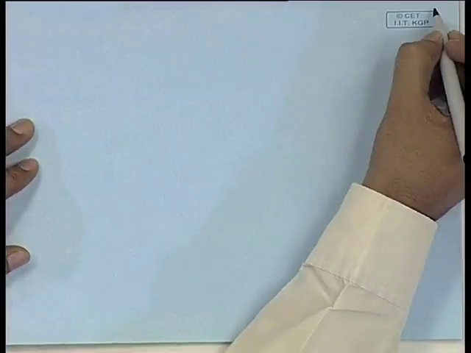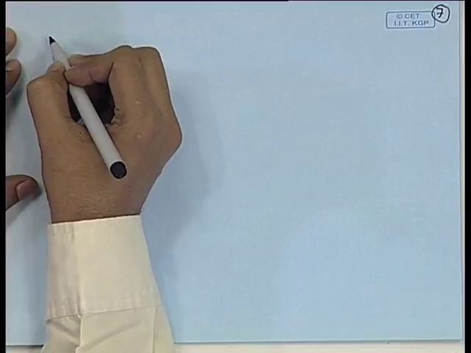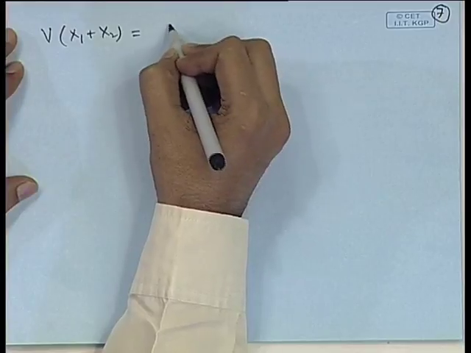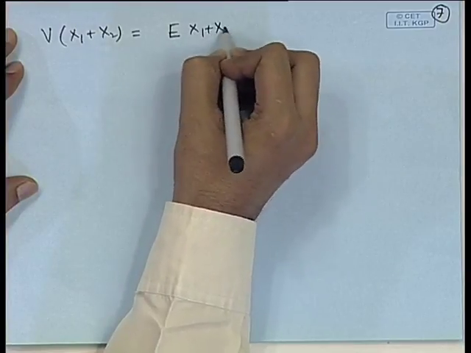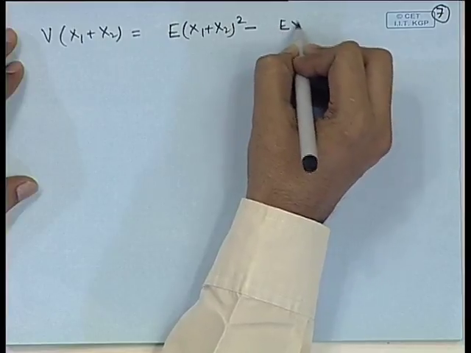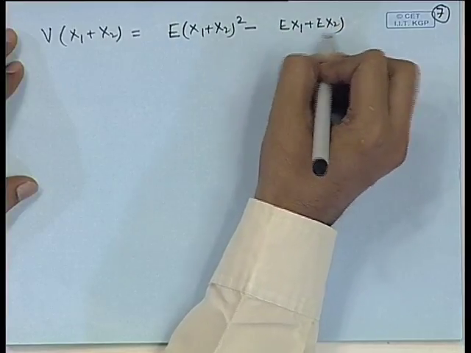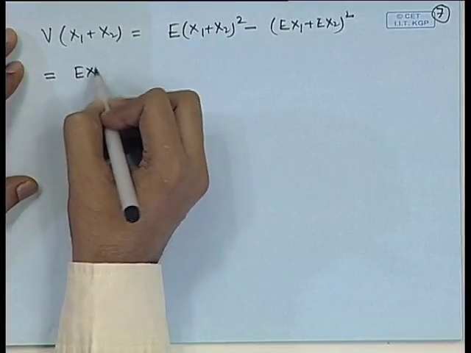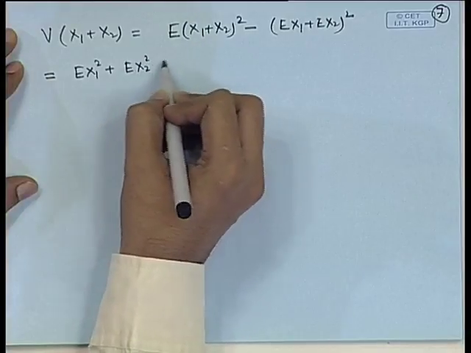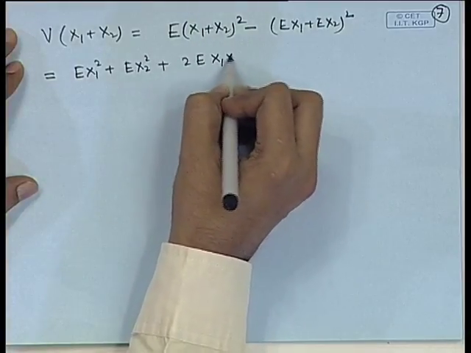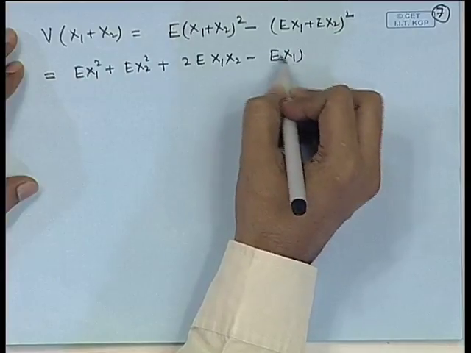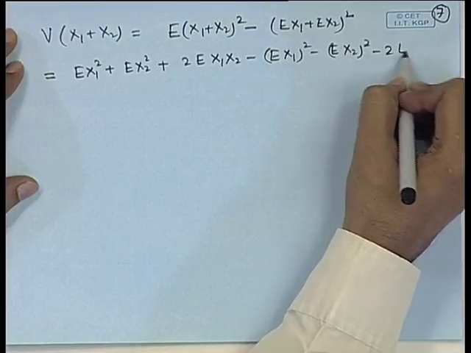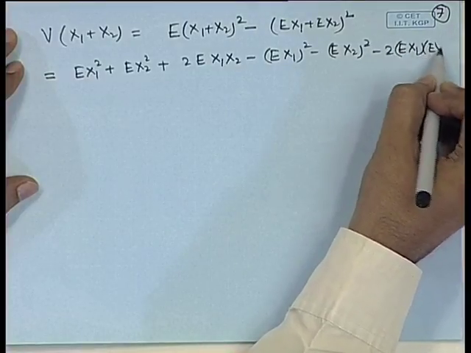In the case of variance, let us write for two of them, that is the variance of x 1 plus x 2. Now, this is equal to the expectation of x 1 plus x 2 whole square minus the expectation of x 1 plus expectation of x 2 whole square. So, this is equal to expectation of x 1 square plus expectation of x 2 square plus twice expectation x 1 x 2, minus expectation of x 1 whole square, minus expectation of x 2 whole square, minus twice expectation x 1 into expectation of x 2.